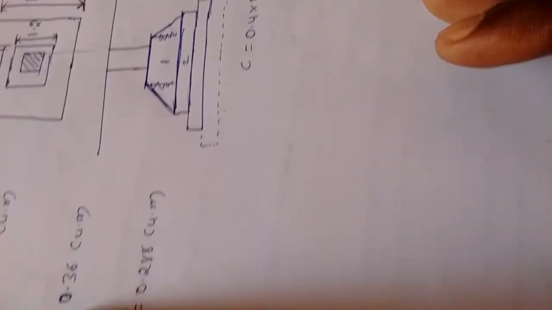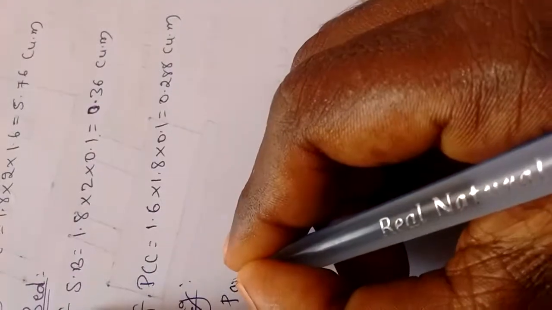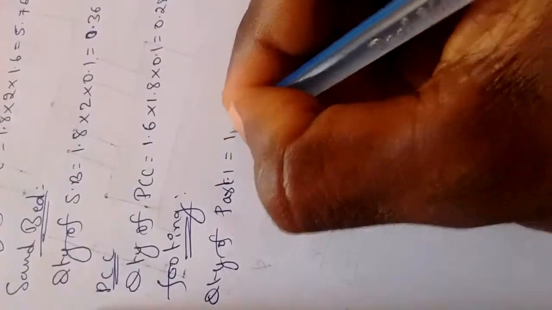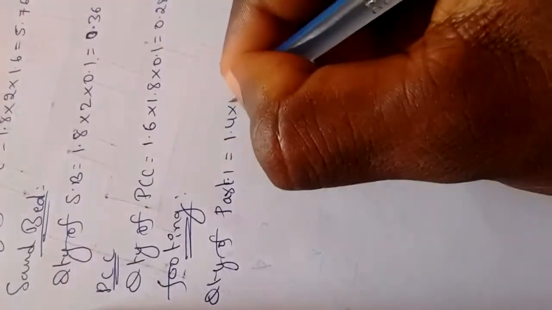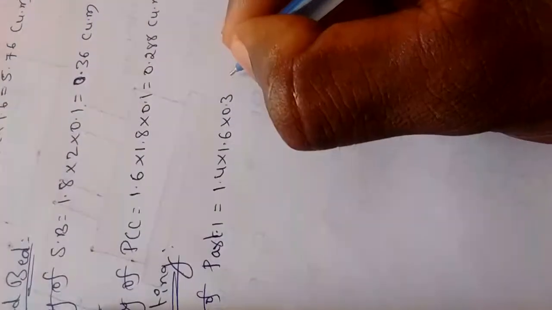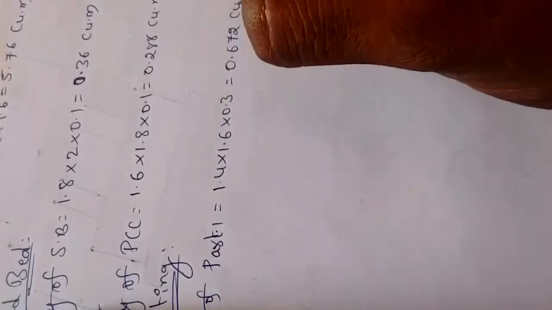One footing with 2 parts. Part 1: 1.4 meters into 1.6 meters into 0.3 meters, total equal to 0.672 cubic meters.